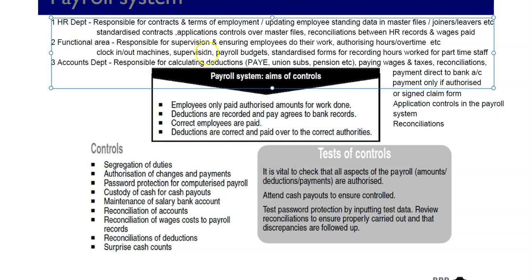The functional area, if we look here, supervision, clock in out machines, payroll budgets, forms for recording hours, and then management would sign off on those hours for part-time staff. They're the kind of controls in the functional area.